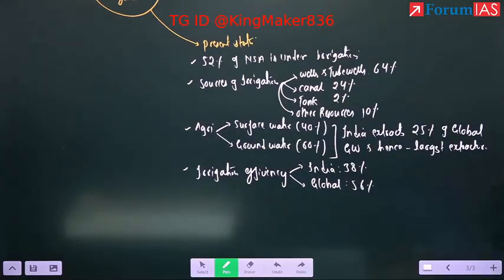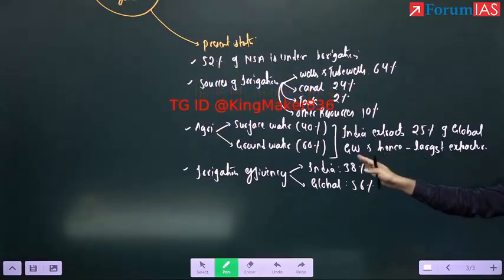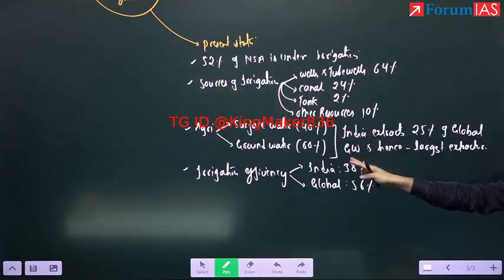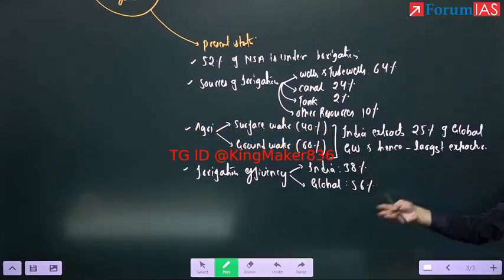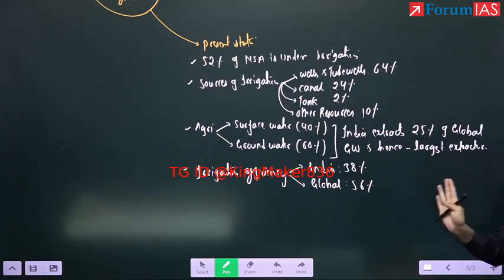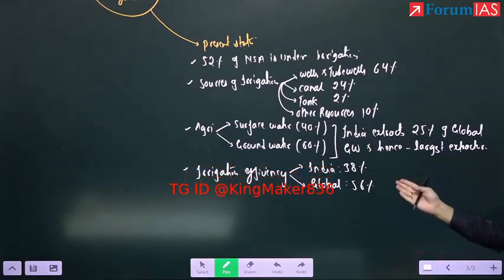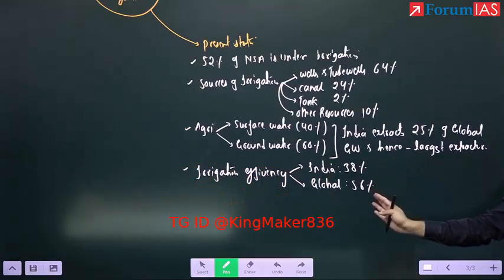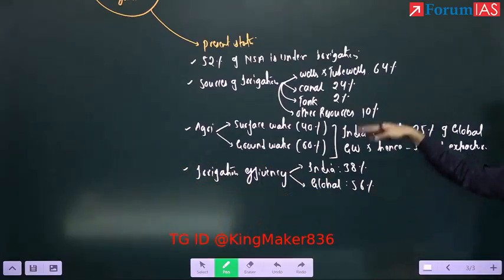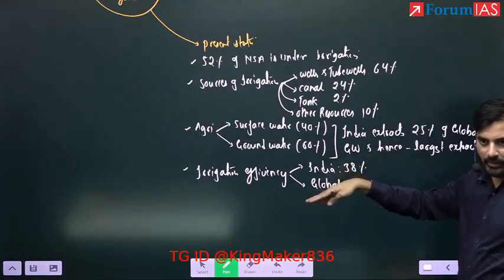When I say irrigation efficiency, it's like saying if you supply 100 liters of water to the agricultural field, only 38 liters is consumed by the crops. Where is the remaining water going? It is wasted, mostly absorbed into the soil. Whereas in other countries, the share of water consumed by the crops is more than half, which is 56%. So this is the present status.